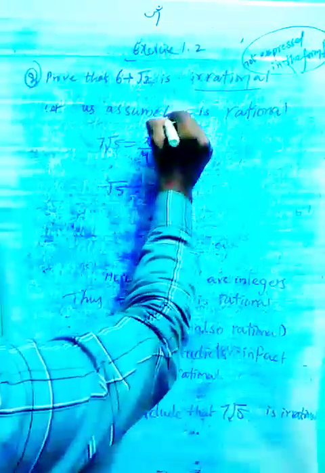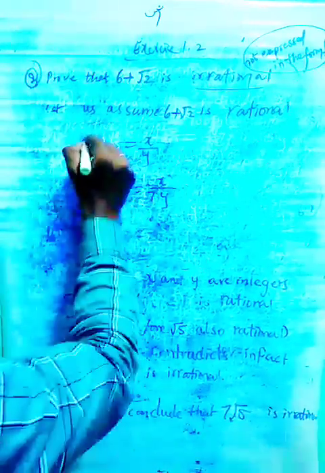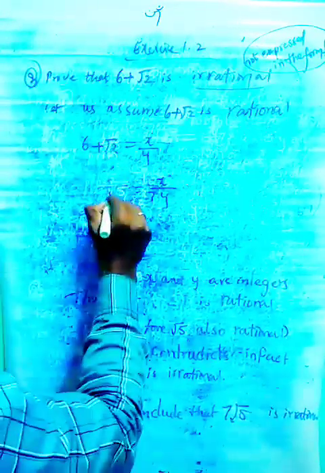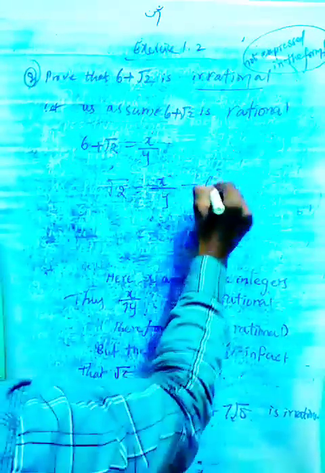Last question in this exercise, 6 plus root 2. Let us assume 6 plus root 2 is a rational number. Therefore 6 plus root 2 is equal to x by y, so root 2 is equal to x by y minus 6.